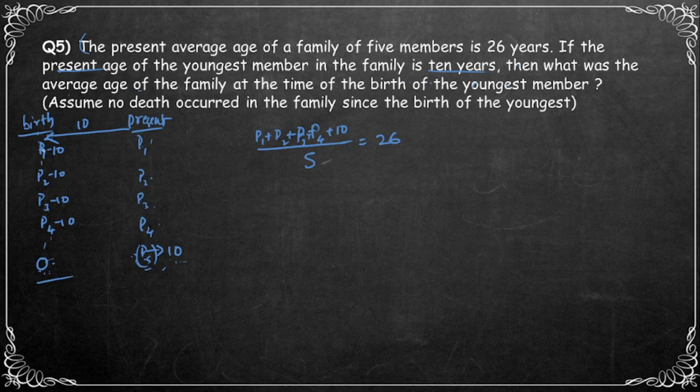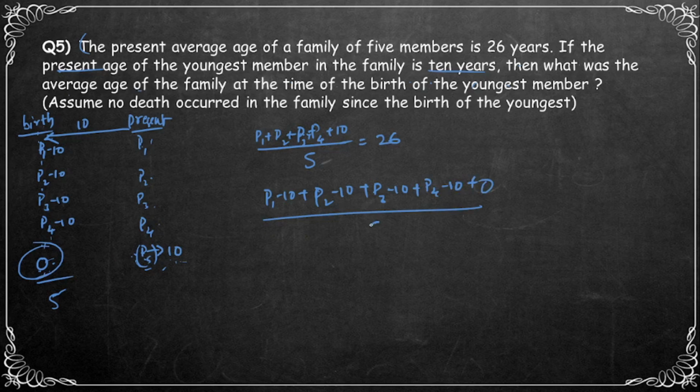Average is addition divided by the number of people, which is 5, including P5. So the required answer is P1 minus 10 plus P2 minus 10 plus P3 minus 10 plus P4 minus 10 plus age of P5, which is 0, divided by 5 family members, is equal to question mark.